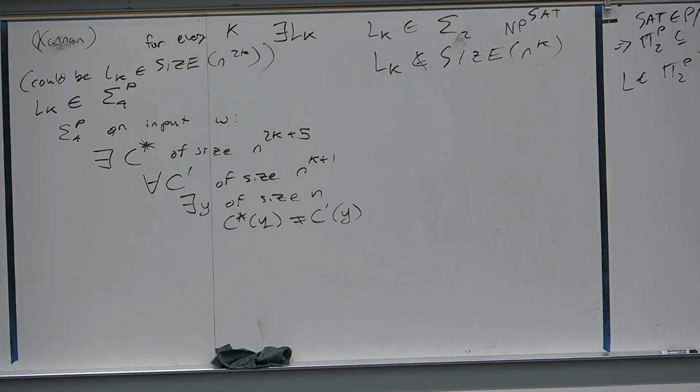We've actually seen this technique before. Yeah. This is diagonalization. What you're going to do is non-deterministically guess a circuit such that you co-non-deterministically guess all the other circuits and make sure that you're different than each circuit on at least one string.